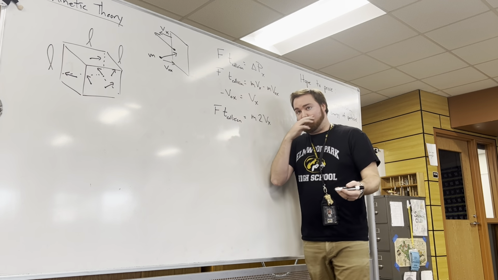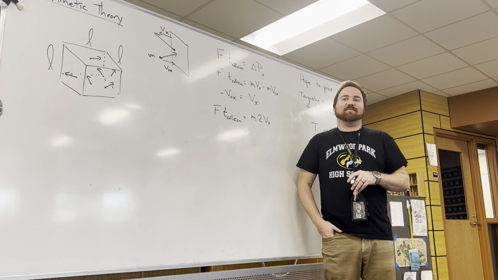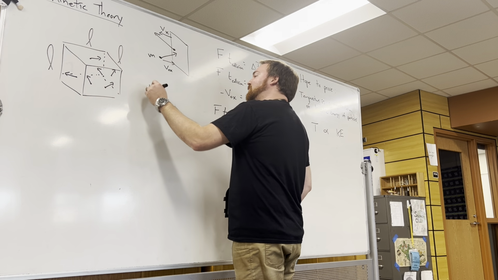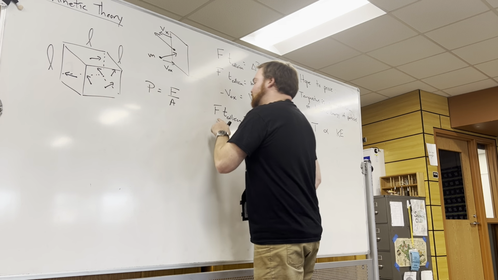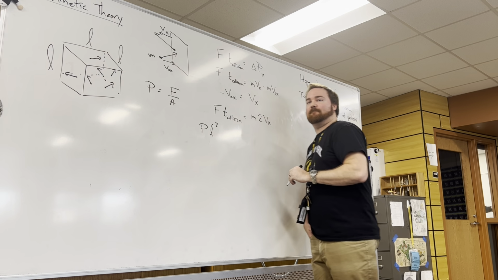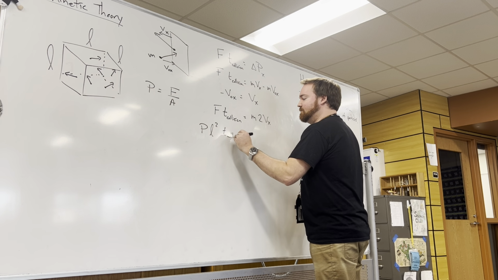How do I do that? Pressure is what? Force over area, yeah? So where I see force, I can write pressure times length squared, times t collision.